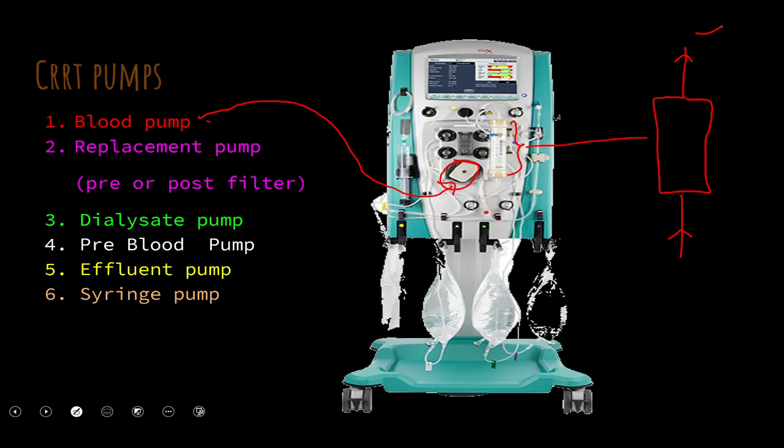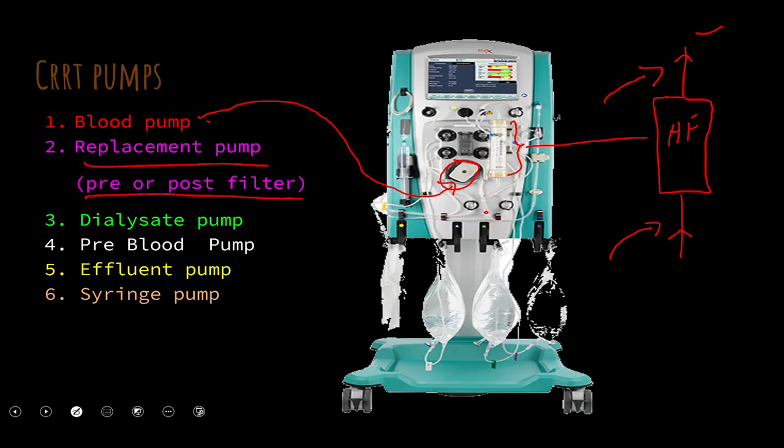Next is the replacement pump. Just like the name indicates, we use it to replace any lost fluids back into the bloodstream before it goes to the patient. Your replacement pump can be given pre or post filter. That means we can give it before the blood goes into the hemofilter, or after the blood comes out of the hemofilter.